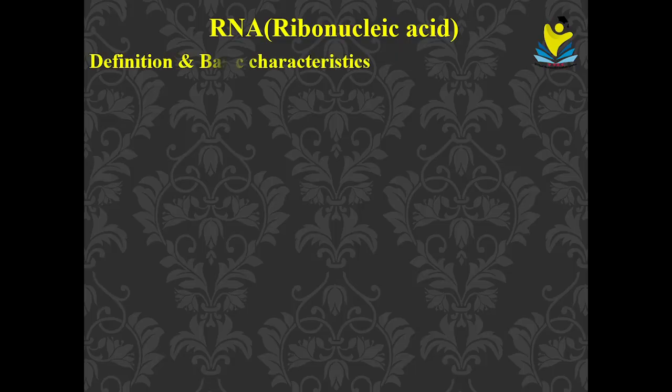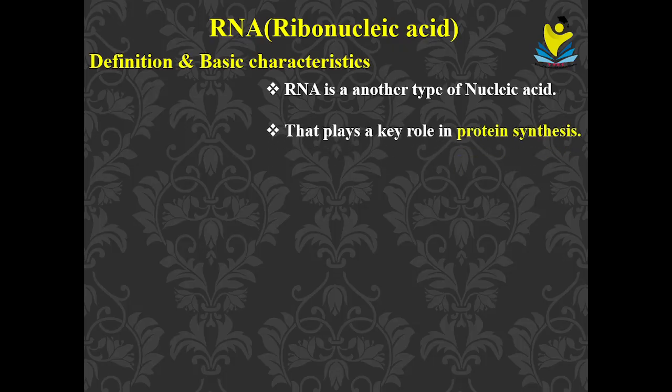Okay, now we hope to discuss another nucleic acid type, also known as RNA or ribonucleic acid. First, we discuss the definition and basic characteristics of RNA. RNA is another type of nucleic acid that plays a key role in protein synthesis.